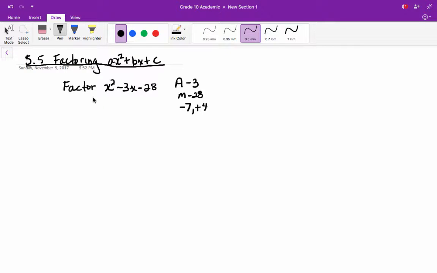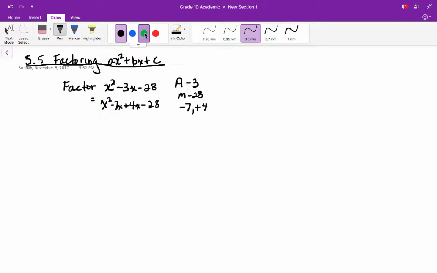So what we did last day was a bracket with x in each bracket, minus 7 in one bracket, plus 4 in the other. Here I'm going to do it a little bit differently. I'm going to rewrite the middle term using these numbers. So we get x squared minus 7x plus 4x minus 28.